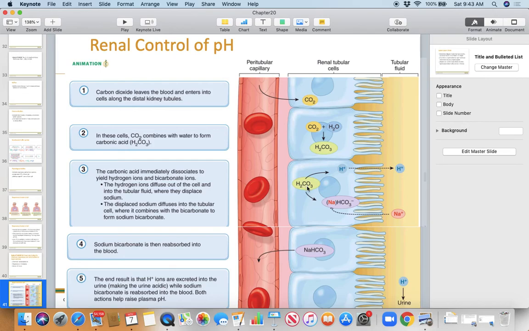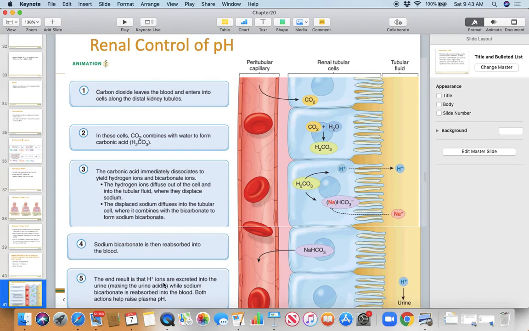Then that carbonic acid dissociates into hydrogen ions and bicarbonate ions. Then the hydrogen ions diffuse out of the cell, and there's a sodium hydrogen cotransporter that's working there, so as the hydrogen leaves, sodium comes in and it binds with that bicarbonate ion, and then that sodium bicarbonate is absorbed into the blood.